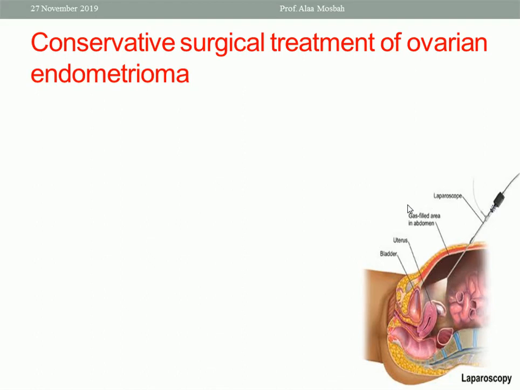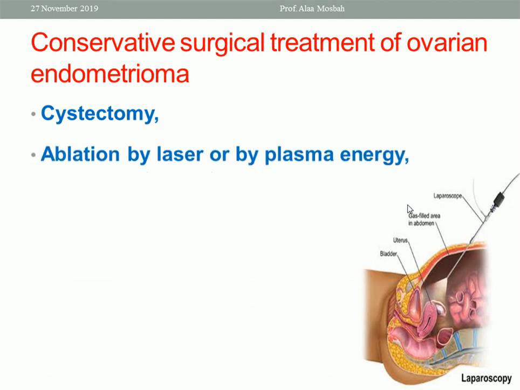Okay, what about conservative surgical treatment of ovarian endometrioma? We have different lines of treatment of this conservative surgical treatment, like cystectomy, ablation by laser or by plasma energy, or electrocoagulation, whether monopolar or bipolar. Of course, bipolar is safer.